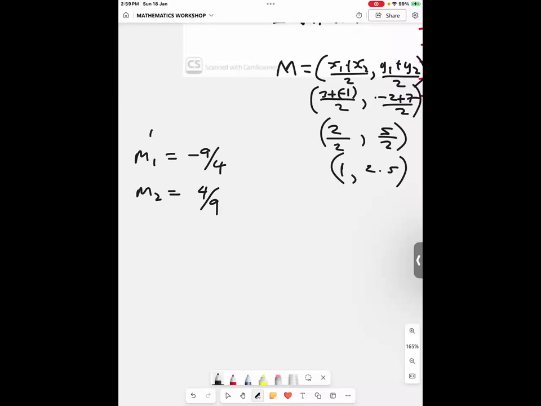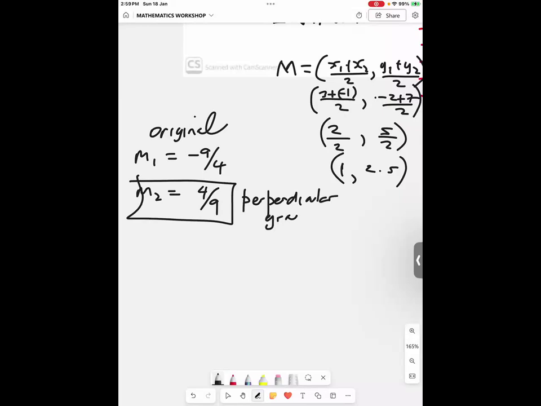So this is the original gradient, and this now is going to be called the perpendicular gradient. So we turn the gradient upside down and we change the sign to the opposite. If it was positive, when you flip it, it would become negative.